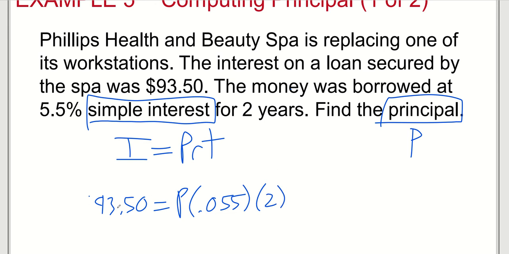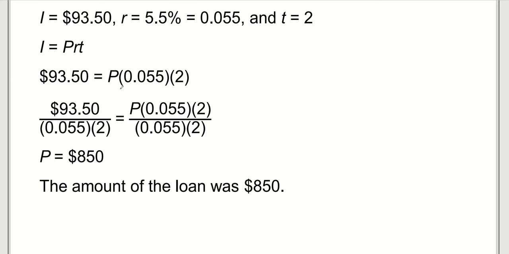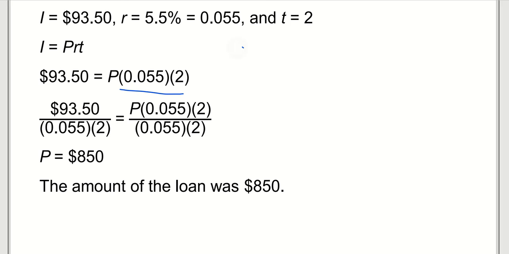So if we plug everything that we know into the formula, then we just have one variable that we need to solve for, P, like we did in one of the earlier sections. I can multiply these two numbers together because they're already on the same side. 2 times 0.055 would give me 0.11.